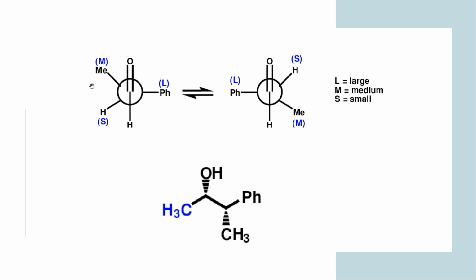So now after arranging it, we will attack at this carbonyl carbon from the side of the smallest group. So what is the smallest group here? Of course, this proton. So the incoming nucleophile will attack from this way. Okay, and this newly forming hydroxide and hydrogen will get tilted towards these two directions.